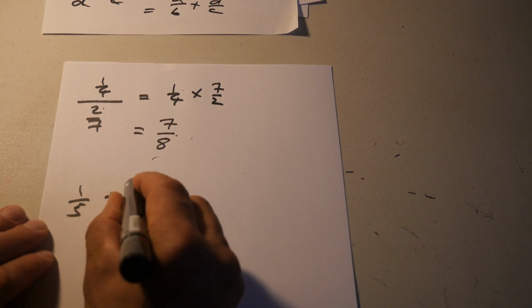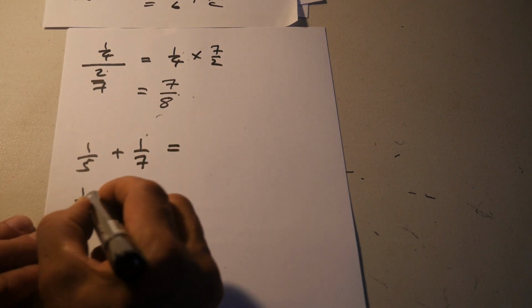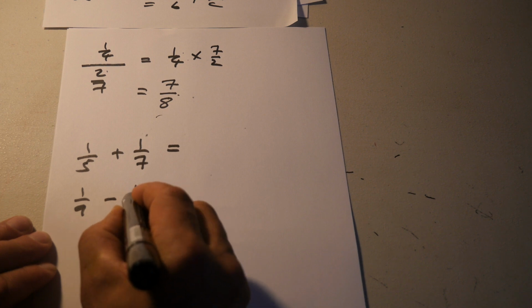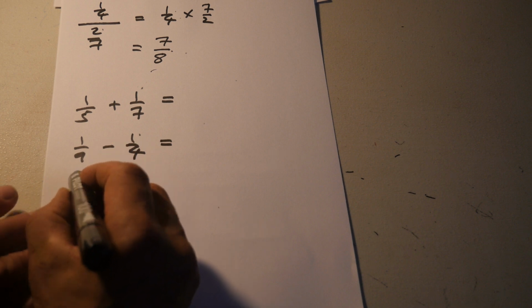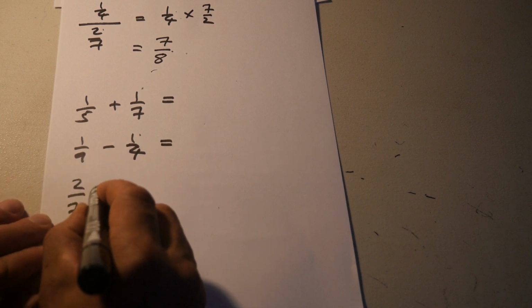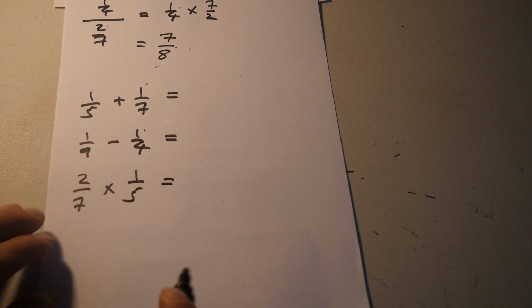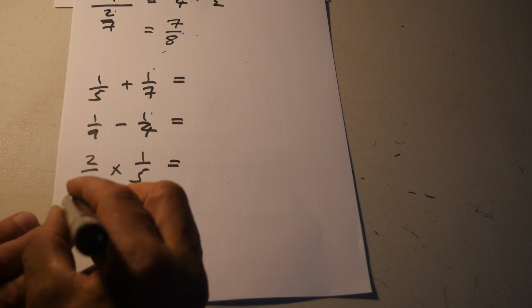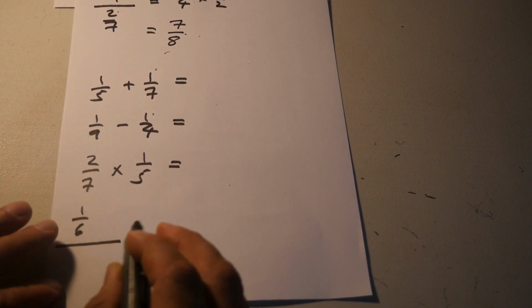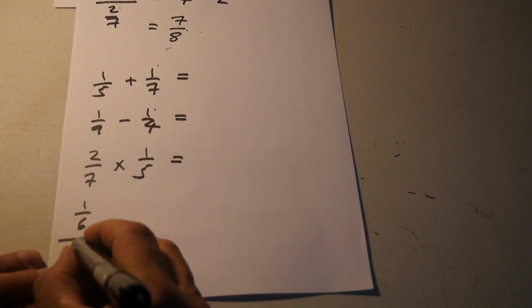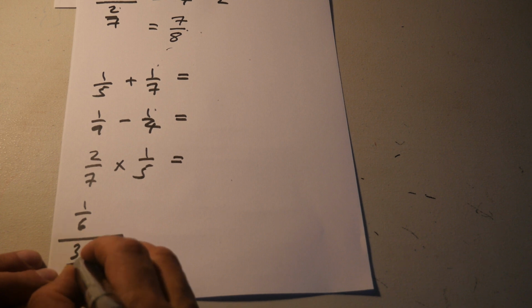1/5 plus 1/7 equals; 1/9 minus 1/4 equals; 2/7 times 1/5 equals; and 1/6 divided by 3/7, okay?